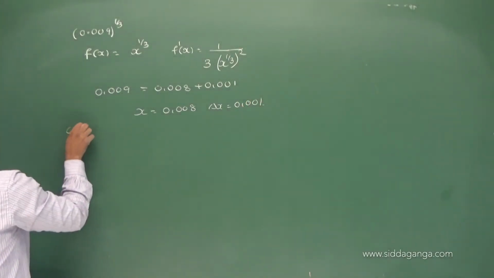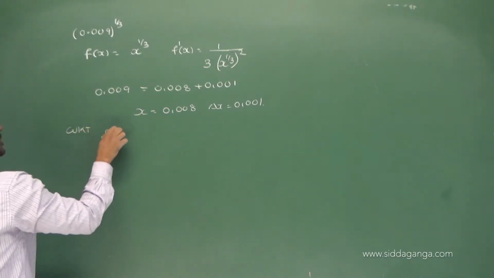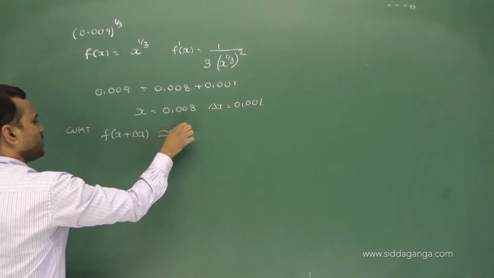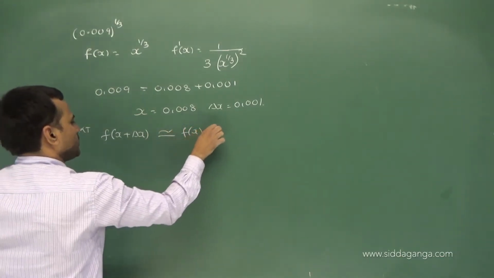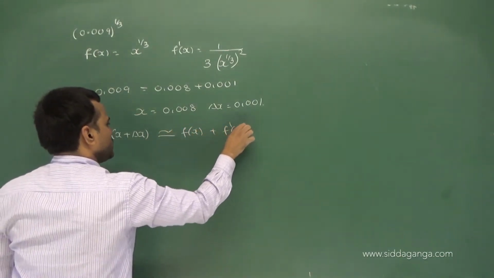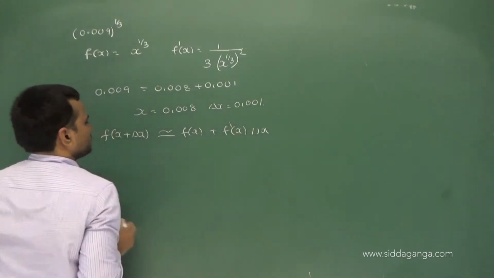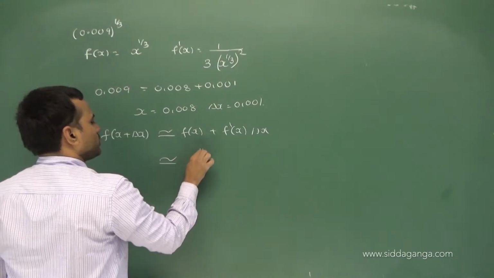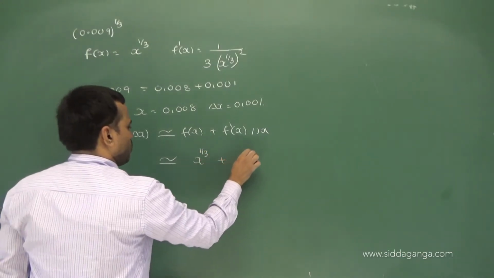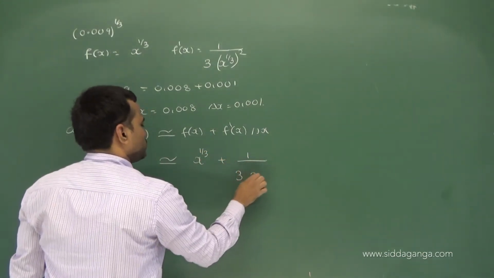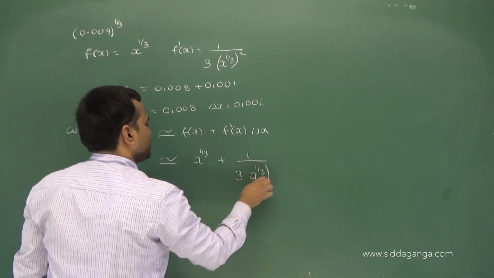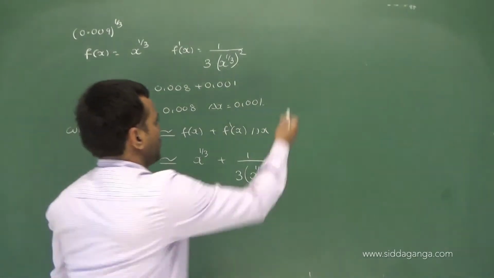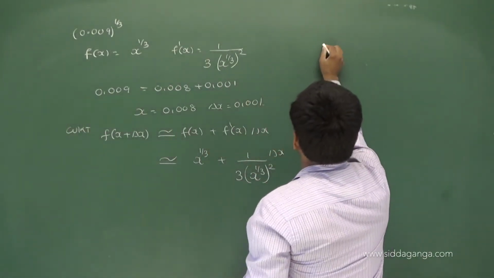We know that f of x plus delta x is approximately equal to f of x plus f dash of x into delta x. So this is approximately equal to x to the power 1 by 3 plus 1 divided by 3 into x to the power 1 by 3 whole square into delta x. Correct?